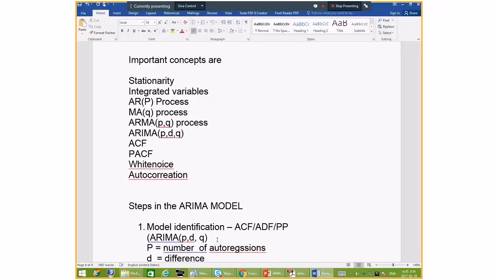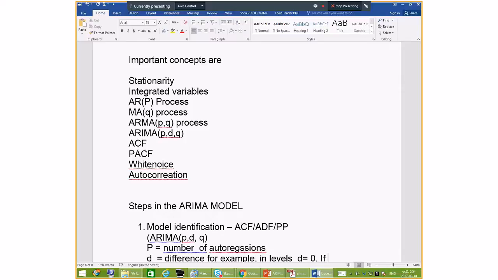For example, in levels, assume that all series are stationary in levels, then D is 0. Right?